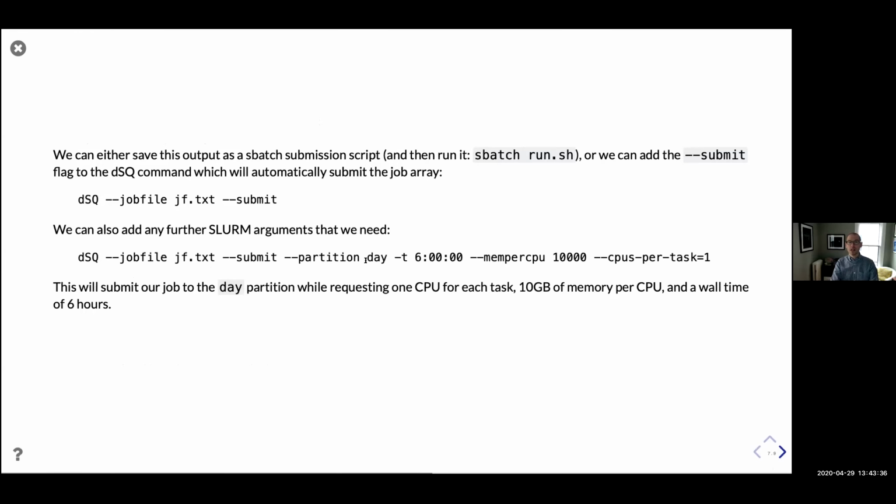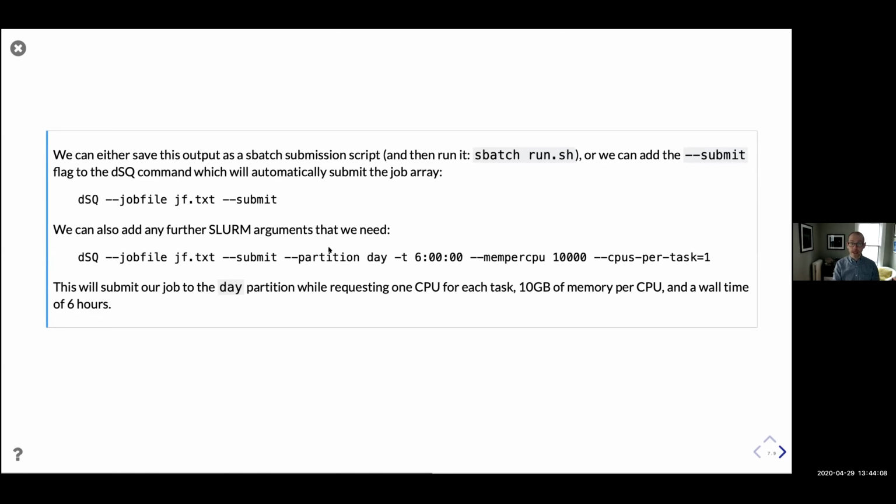So if we want to run this on the day partition, if we think it's going to take 6 hours and need 10 gigabytes per CPU, that's fine. We can pass all of those parameters to DSQ in this fashion. And if we use the --submit flag, it will just submit the job directly to the cluster. So it doesn't even need to generate that separate S-batch submission script.